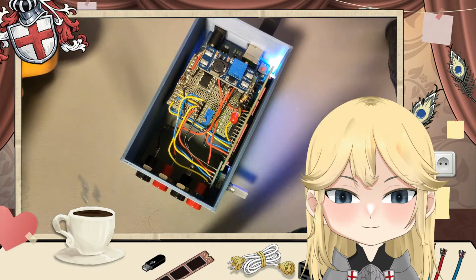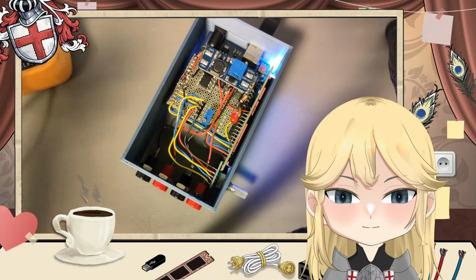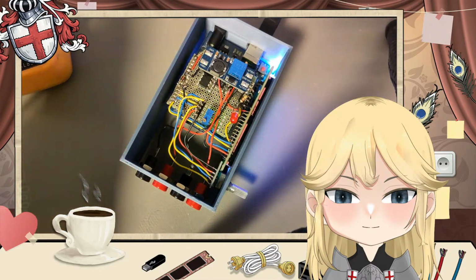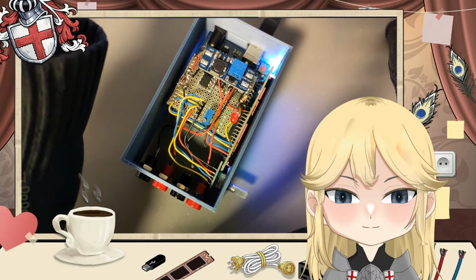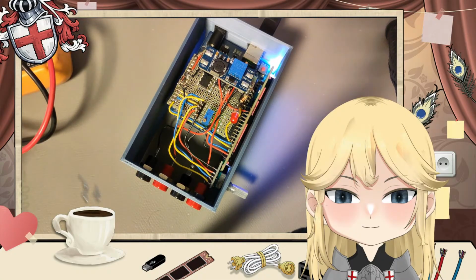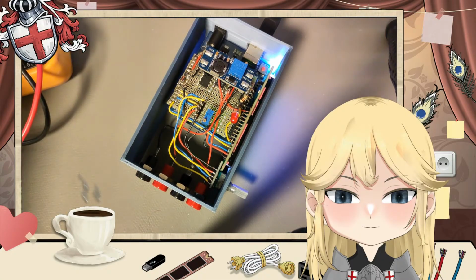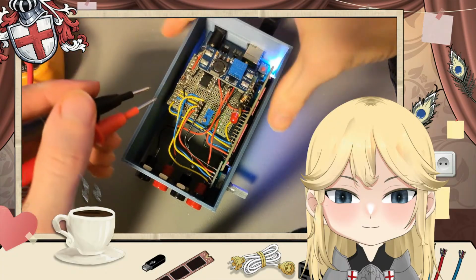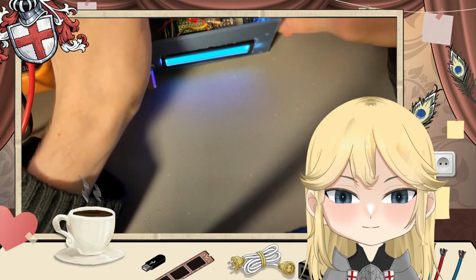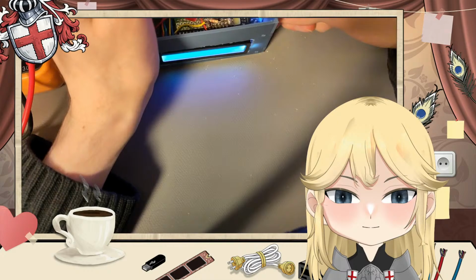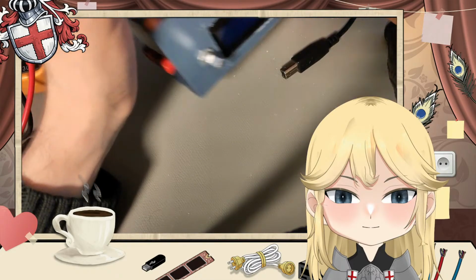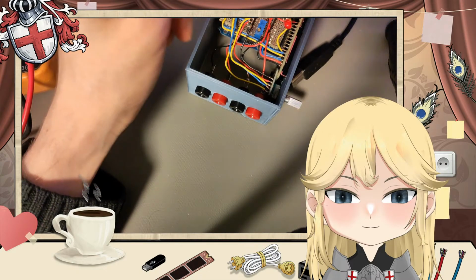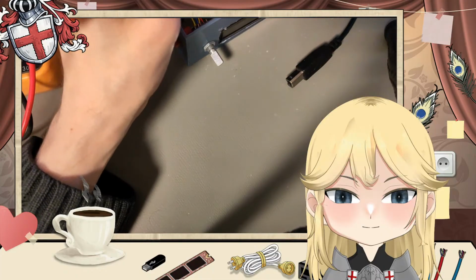So I mean if 5 volts is 5 volts, wouldn't it? Let's check if there's a connection between the 12 and the modified 12 volts. Because there should not be.